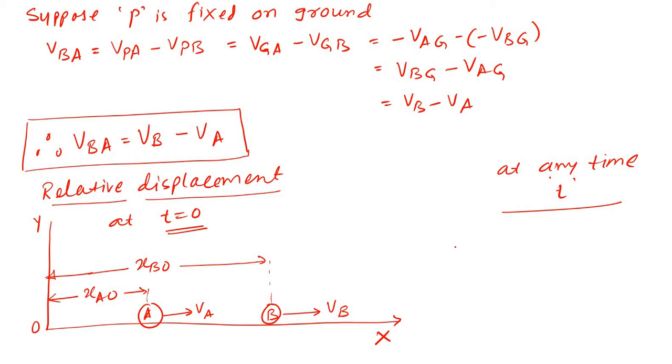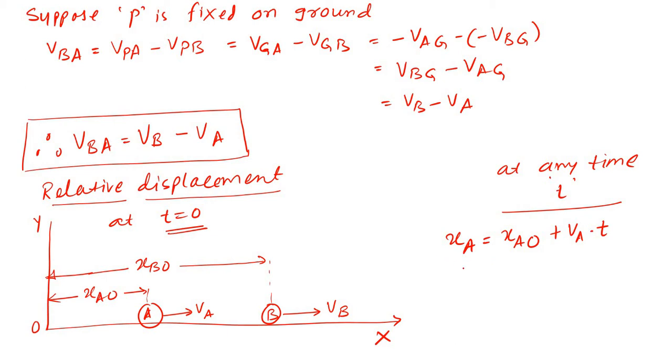So the distance XA, that is, A's distance from O, is the original distance plus the further distance traveled. Distance traveled is nothing but velocity into time. So this is going to be the new distance of point A from the reference or O point.